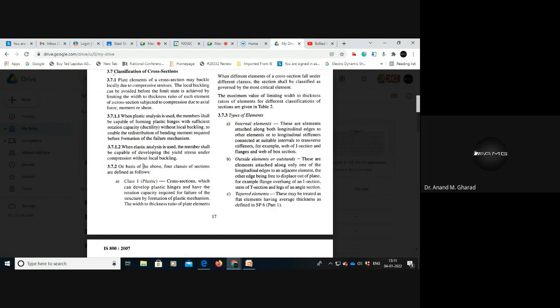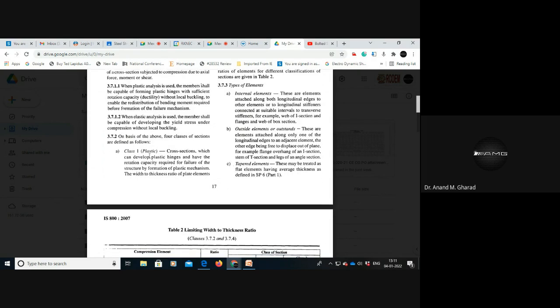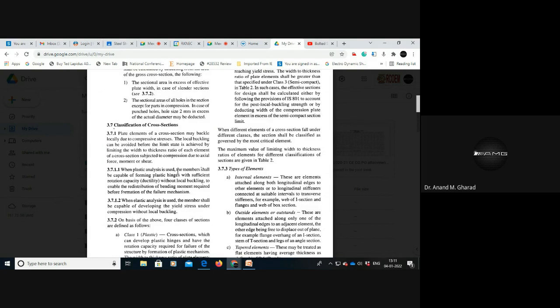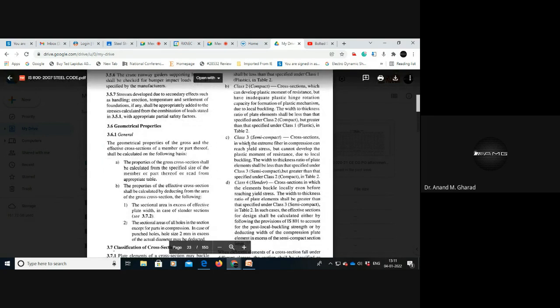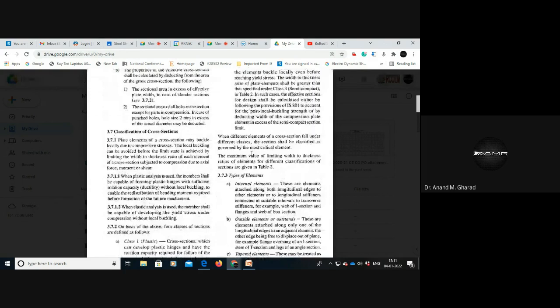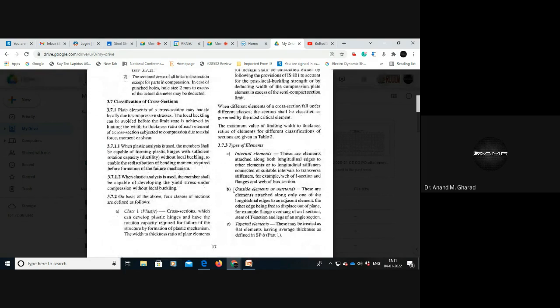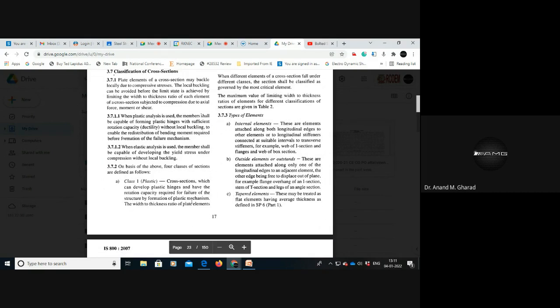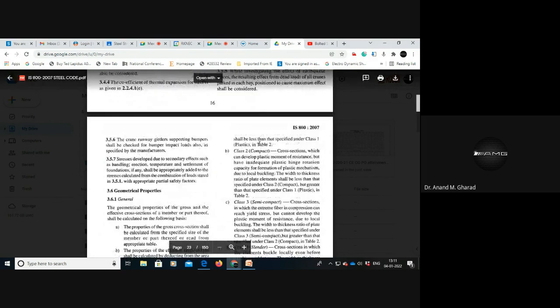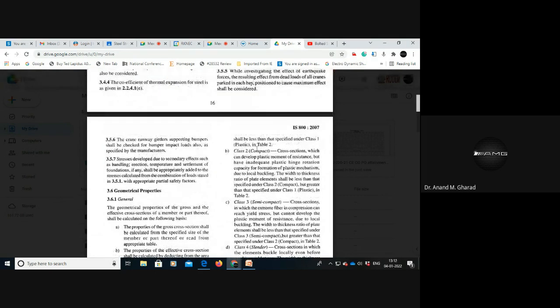Okay? Then the description related to plastic, compact, semi-compact and slender is given. So the thing which I have been repeating is given in the paragraph. For cross sections which can develop plastic hinges and have the rotation capacity required for failure of the structure by formation of a plastic mechanism, the width to thickness ratio of plate elements shall be less than specified under class 1 in table 2.